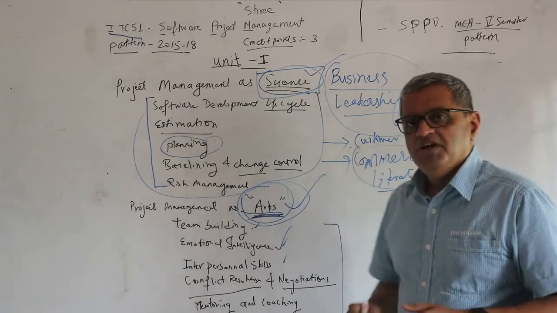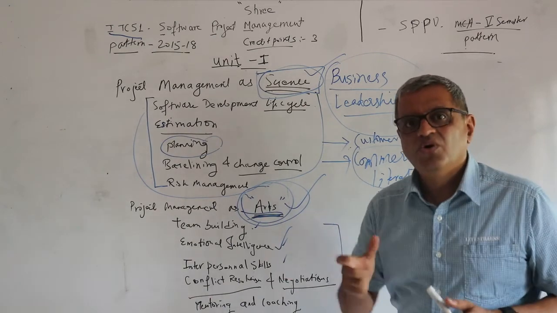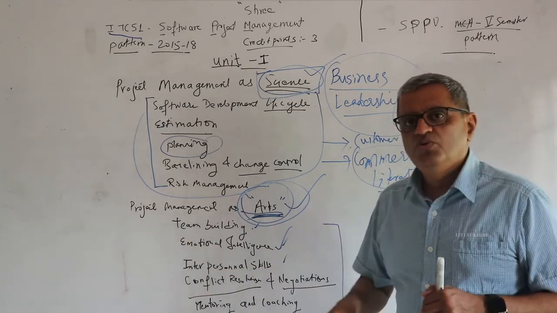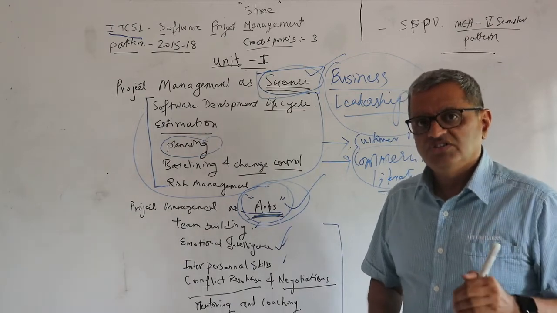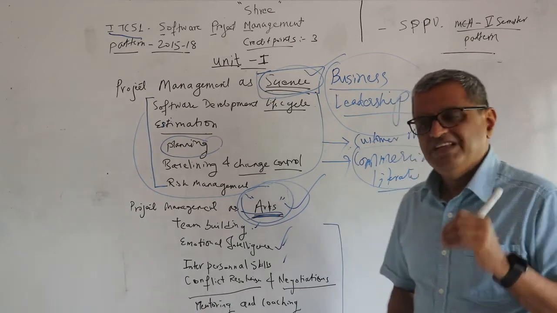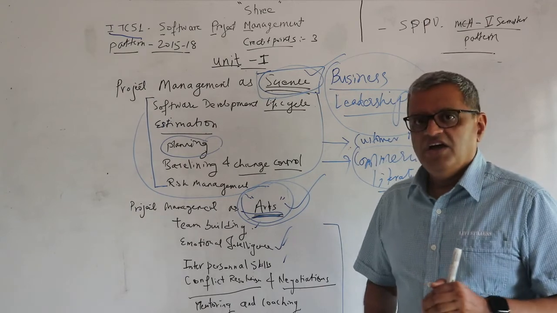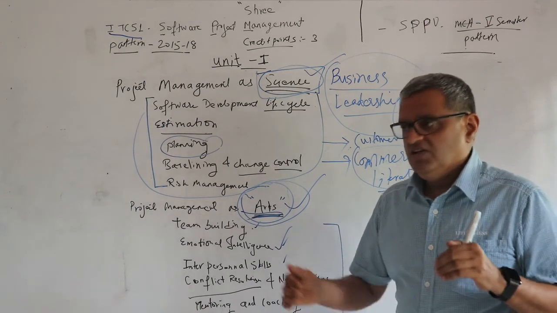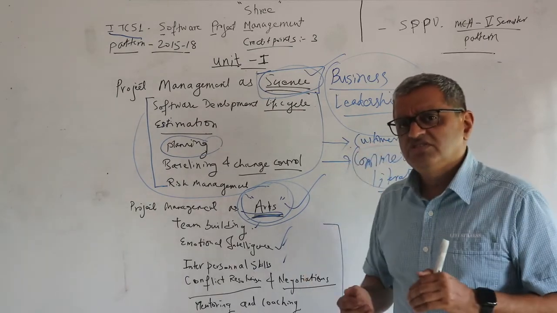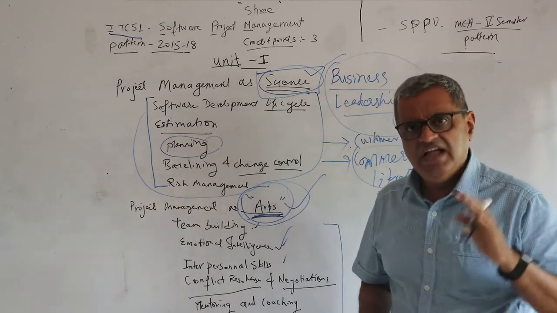Very, very important, because if you want to make profits out of your overall development, you need to track your cost meticulously, and the project manager needs to be commercially savvy. Okay, he or she has to ensure that margins are made. Okay, and these are the two things which I feel make him a business leader as well.